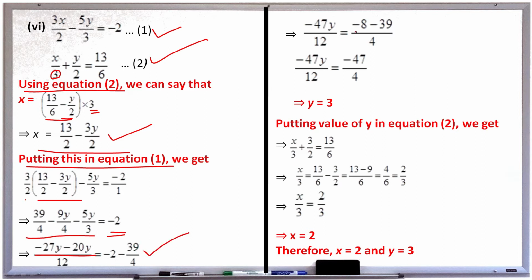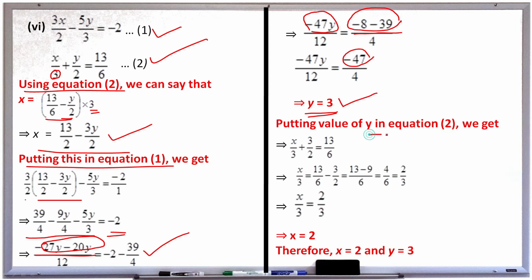After simplifying, minus 47y by 12, because minus 27y minus 20y, adding these two, you will get minus 47y whole divided by 12 is equal to the right hand side, by taking LCM. So 4 is the LCM for that. So you will be getting minus 8 minus 13, adding these two, minus 47 whole divided by 4. So y is equal to 3.